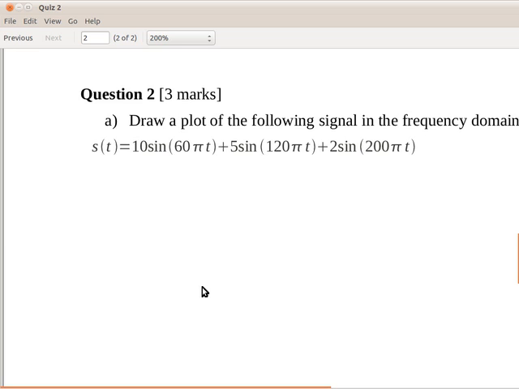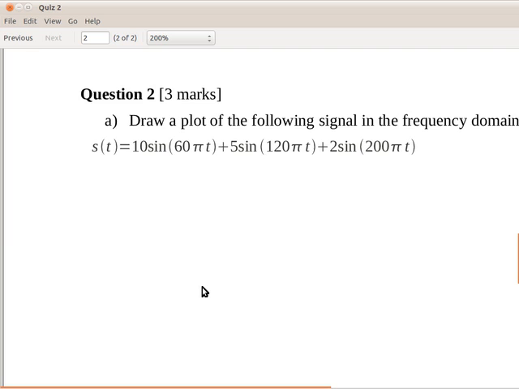There's no phase in these cases, but that's the general form. We see the phase is 0, so let's forget about the phase. We can see the amplitude of each component, 10, 5 and 2, the peak amplitude. And we can see 2 pi ft is equal to 60 pi t for the first component.